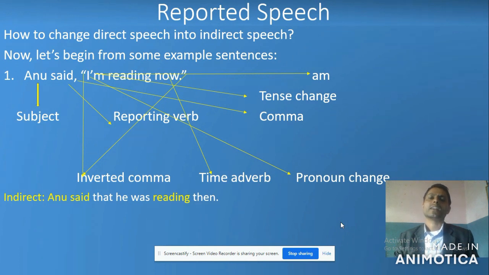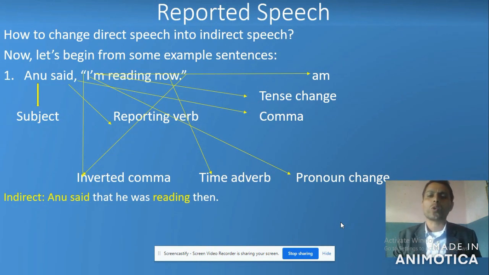One is direct, another is indirect. These are called reported speech. Reported speech includes both direct speech and indirect speech. It means we can express somebody's expression in two methods, directly as well as indirectly.